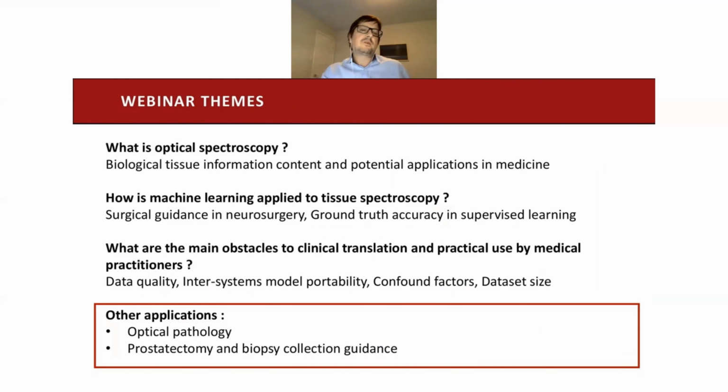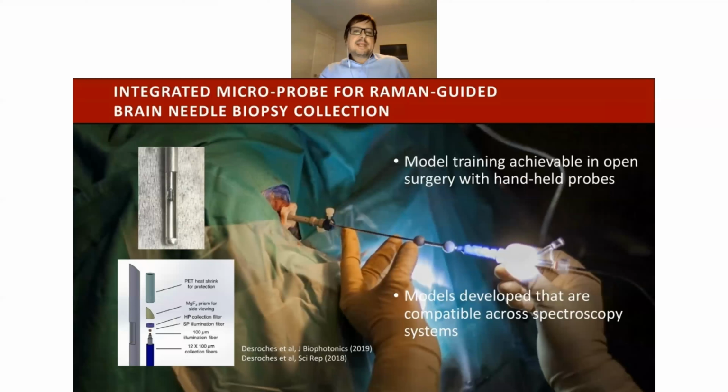Although I'm not going to go into the details here today, just quickly, this model portability ensures, for example, that we can develop other applications where we could train models with our NL probe, which is easier because you can train the models basically in open surgery.